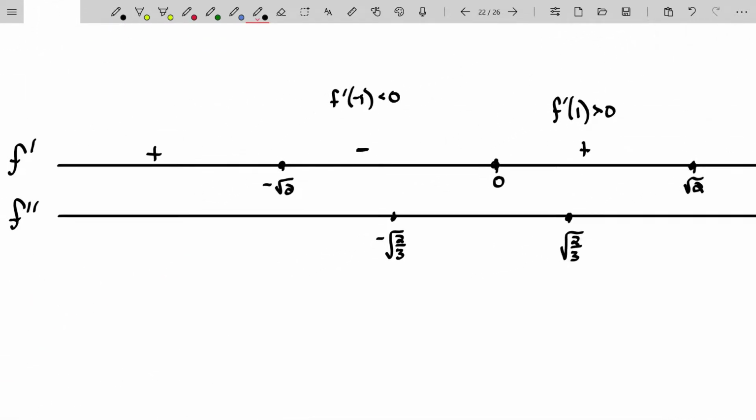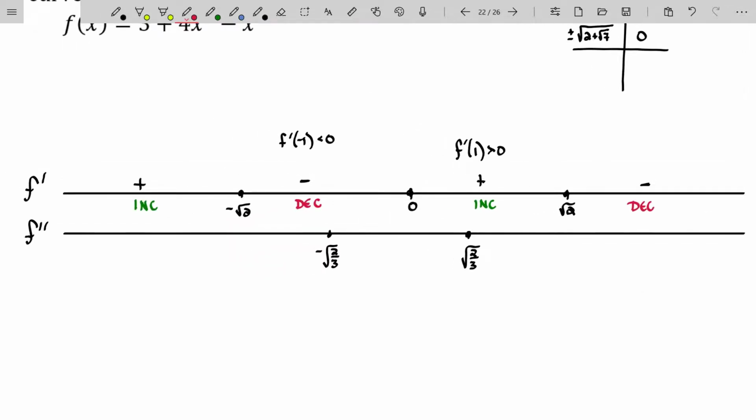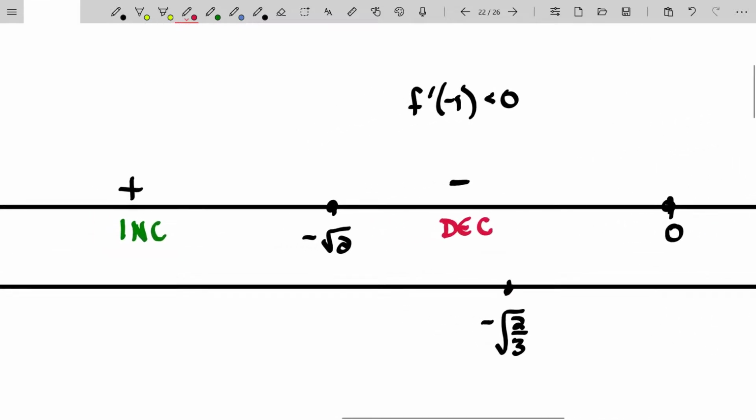That implies that the function is increasing on this interval and increasing on this interval, and it's decreasing on that interval and decreasing on that interval. And by the first derivative test, if the derivative switches from increasing to decreasing, we have a local max here.